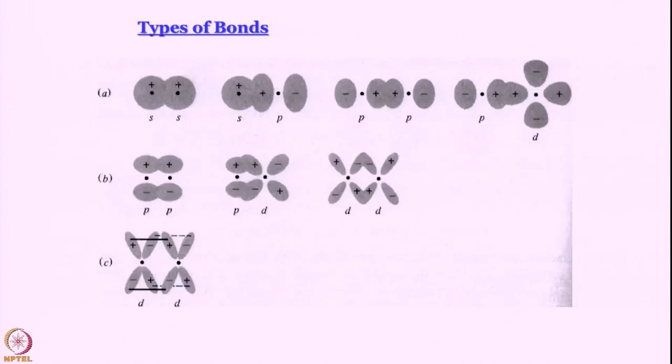You can have different kinds of bonds: sigma, pi and delta. Sigma is head on, pi is with p orbitals, and with d orbitals this is also pi. Of course, I do not have enough fingers to show you the 2 lobes at the bottom as well for d orbitals. These are the 2 lobes at the top. This interaction is a pi interaction. So, once again, s orbitals: sigma interaction, no pi interaction possible.